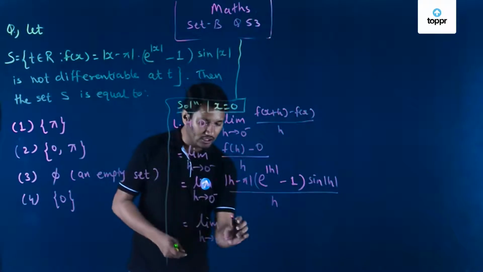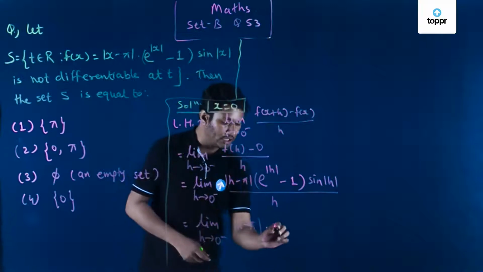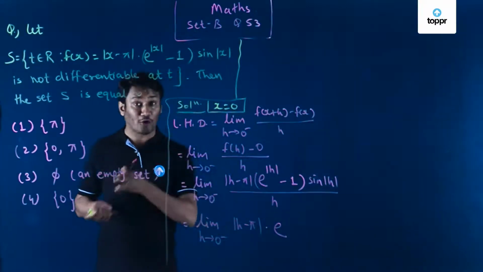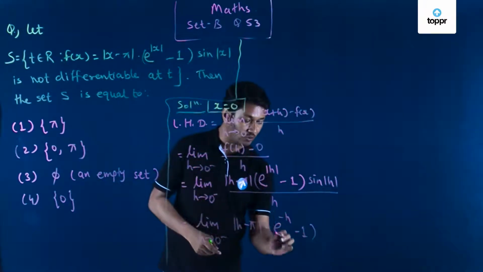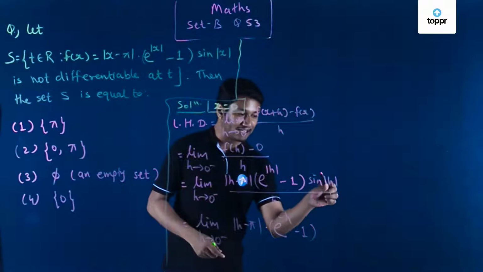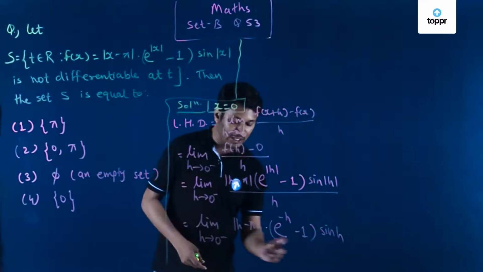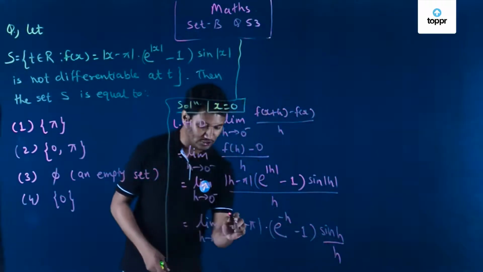Now this will further become limit h tends to 0 minus of mod of h minus pi. If I keep this as it is, further I get e power, because h is tending to 0 minus, that means h is tending to 0 from the left hand side, so mod h will be nothing but minus h. So e power minus h minus 1, and sine of mod h becomes sine of minus h, which will be minus sine h. I'll keep that minus sign outside and take the denominator h with sine h.